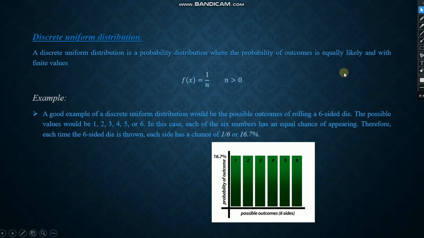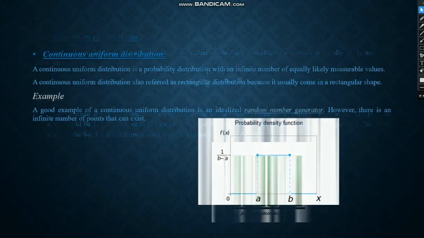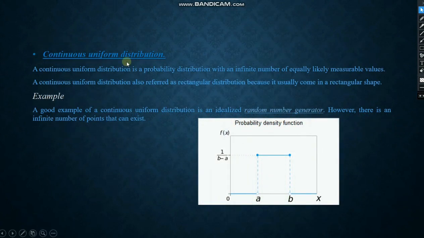Now we are moving towards our second type, which is continuous uniform distribution. A continuous uniform distribution is a probability distribution with an infinite number of equally likely measurable values. It is also referred to as rectangular distribution because it usually comes in a rectangle.